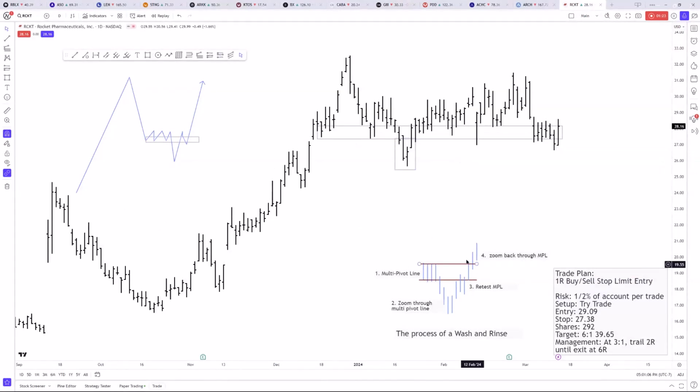And so we're going to be talking about this thing that's called a wash and rinse. And you'll find it at the bottom of a pivot, or you'll find it at the bottom or top of a range. And it has a process, right? It goes through steps, which means you can follow that process.